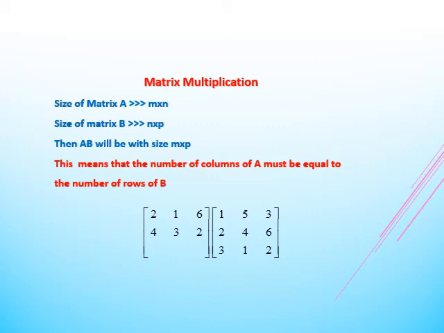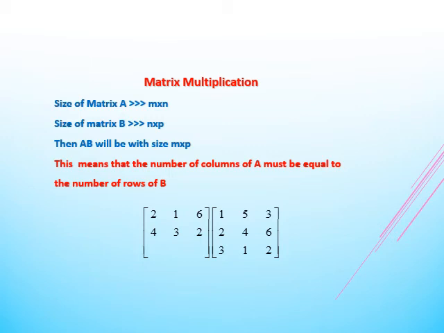Again, to multiply two matrices, you should apply the rule that the sizes of the matrices are consistent. So, the number of columns in the first matrix should equal the number of rows in the second matrix.